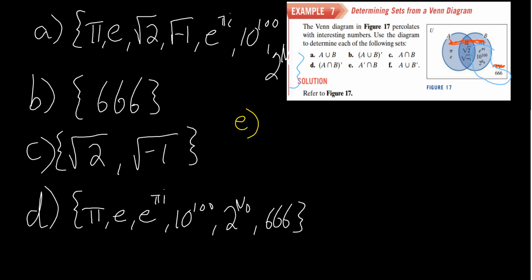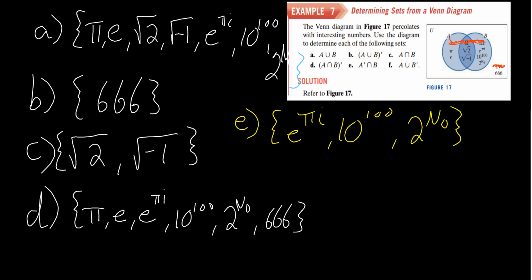So A complement intersect B looks like it's going to be everything that I circled there in blue except for 666. Oh yeah, I keep forgetting to write my curly brace there. After I draw so many of those curly braces, I get lazy with it. 10 to the 100, and then 2.